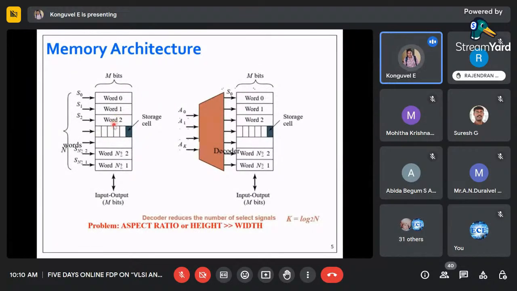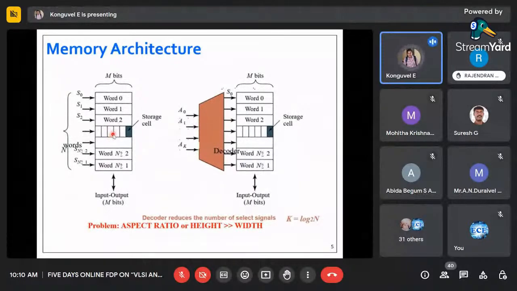Say in a word we have 16 bits. To access the cell, we need to access the entire word. So we need to activate a select line. For example, if we need to activate this word, we use the select line S3. A pulse needs to be given to energize the word.